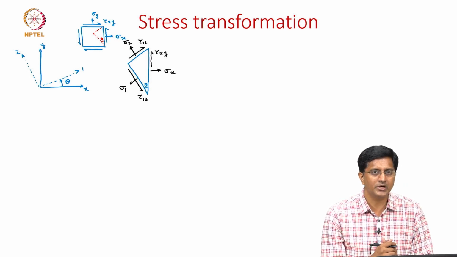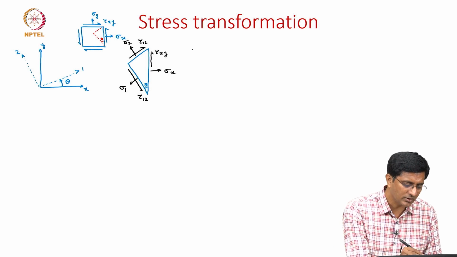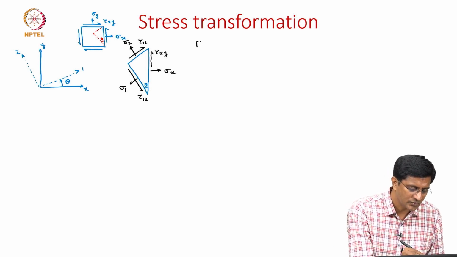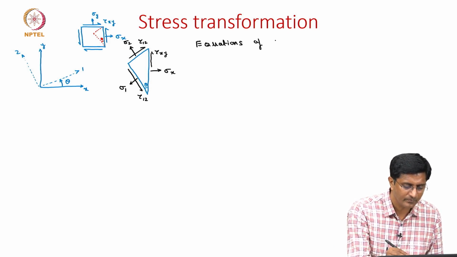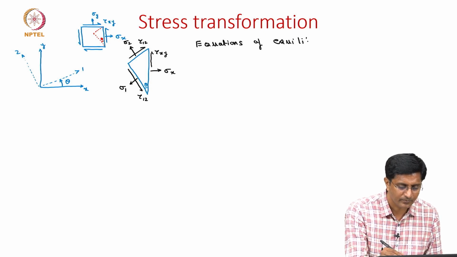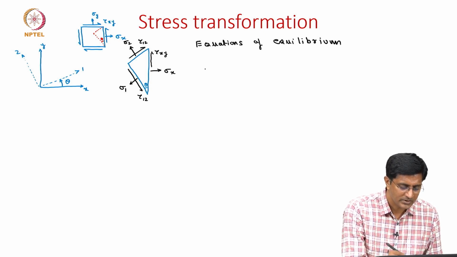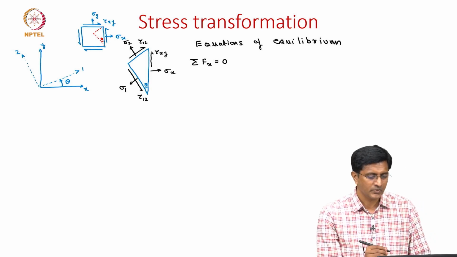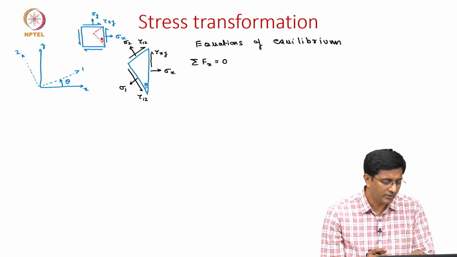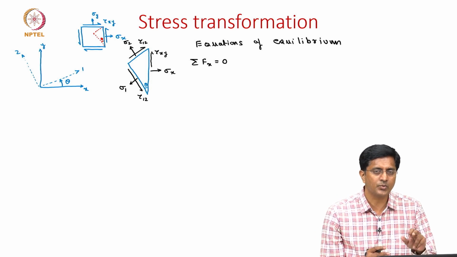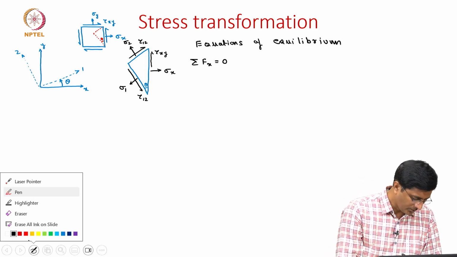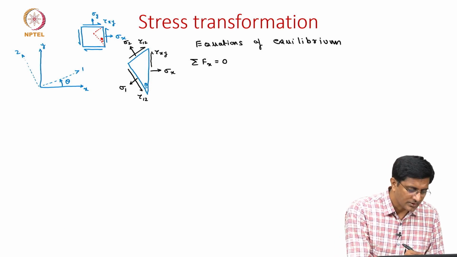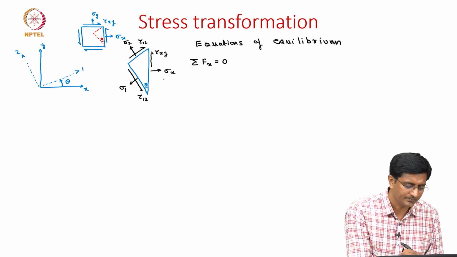For this we bring in the equations of equilibrium. We can start with sigma Fx equal to 0. So, we will write the equations of equilibrium, starting with the summation of forces acting in the x direction equal to 0. Since we need to find the forces, we need to multiply these stresses with the corresponding area. So, now let us see what is the corresponding area. On this right plane the area is simply dy times the unit depth.